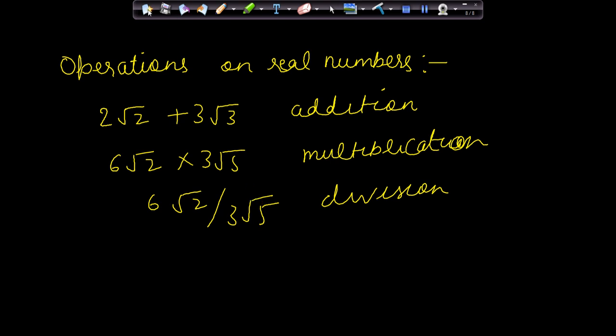So we'll discuss a few results. When we add a rational number to a rational number, the result is always a rational number. If I add 5 by 2, then it becomes 7, which is also a rational number.